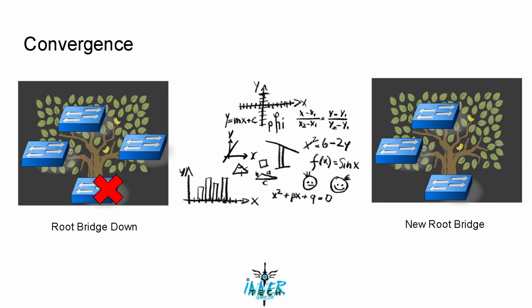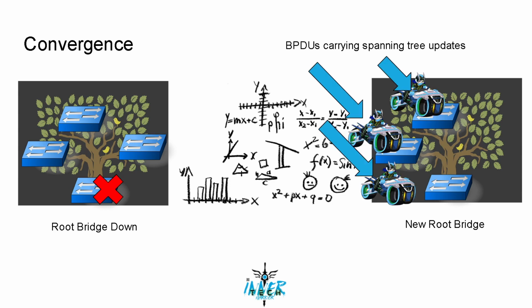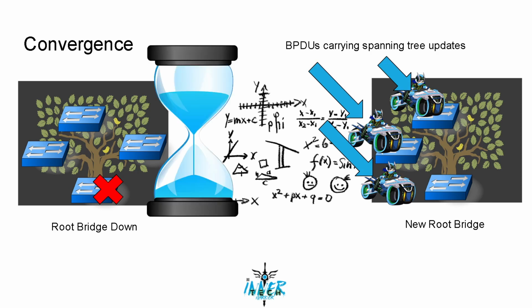Convergence refers to the time it takes for STP to recalculate the network topology and stabilize with new root bridge selections, port roles, and blocked ports after a change occurs. STP has to communicate these changes using BPDUs, and it redetermines the spanning tree roles. The time it takes for this process to complete and for STP to stabilize is called the convergence time.